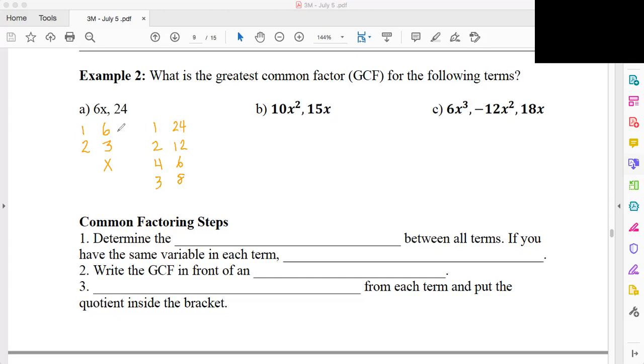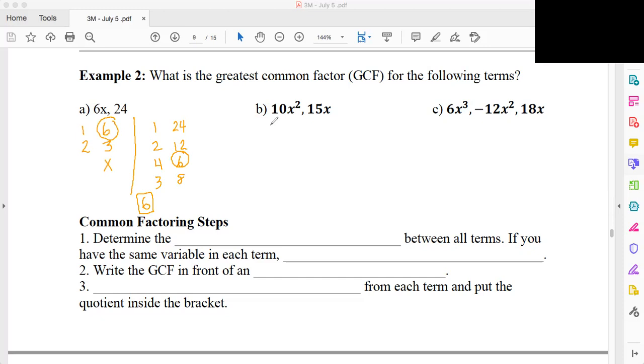Okay, so make sure that you make it clear that you separate the two. What you're going to do is look for the largest number that they have in common. Here they have 6 in common, and they don't both have x, so 6 is our greatest common factor. And that's it.